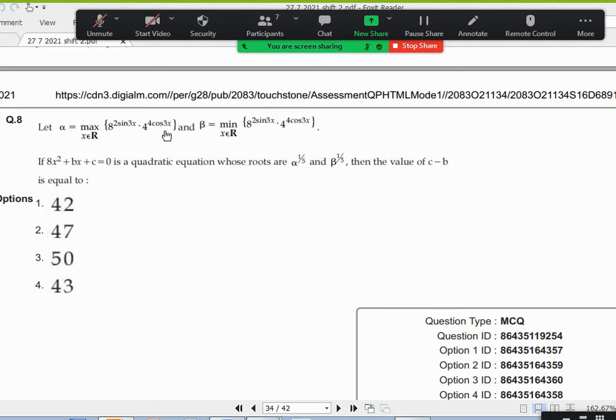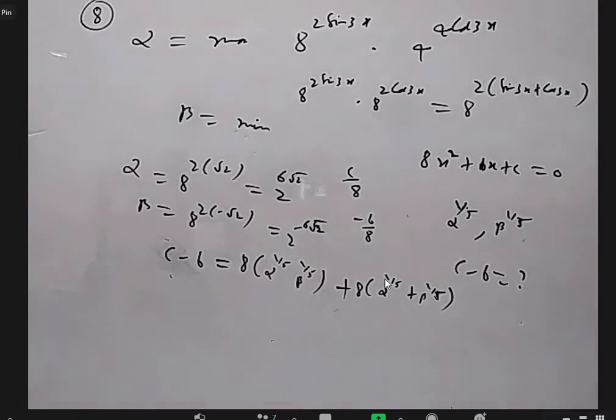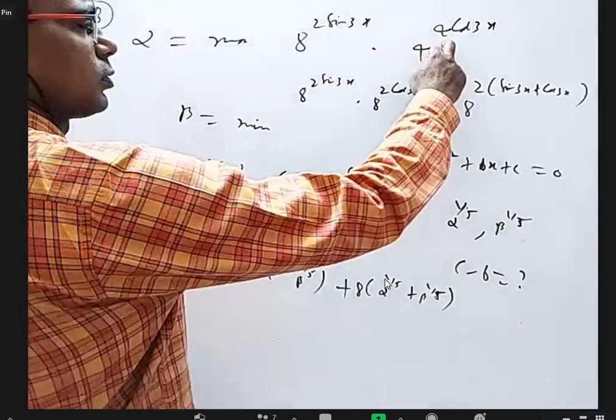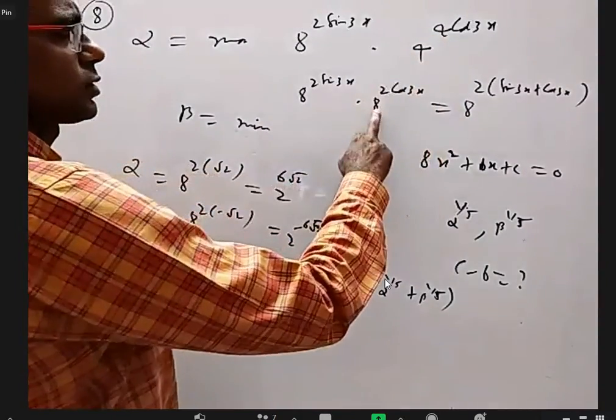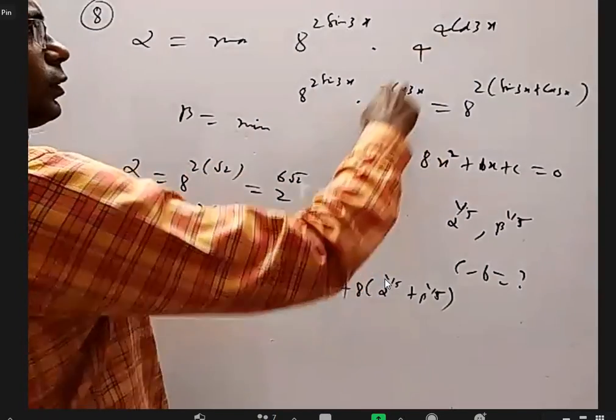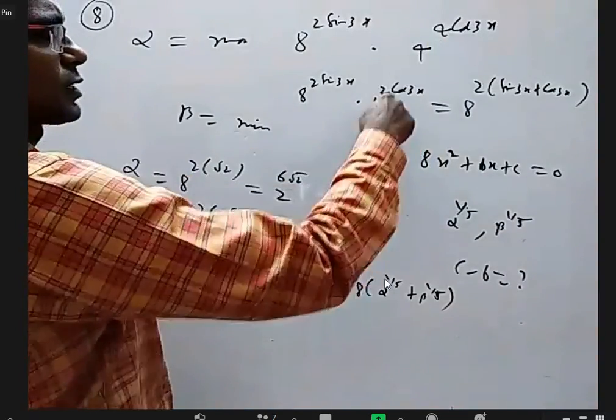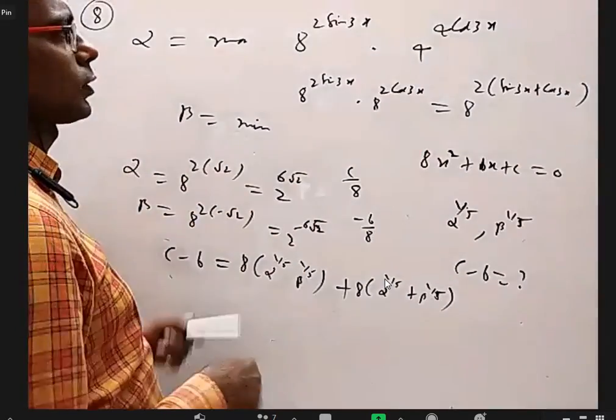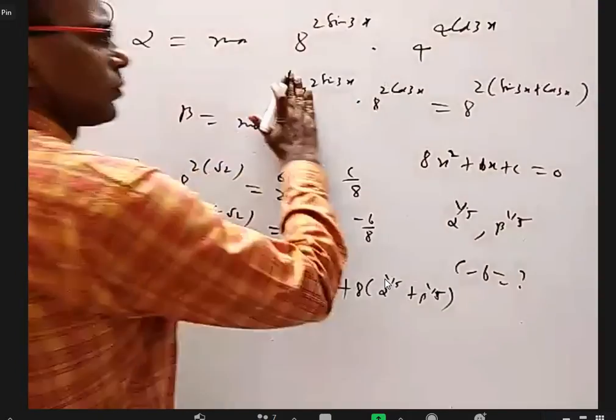First of all, I made a small mistake, sorry. When I wrote 4 power 4, 4 square is 16. From here to here is wrong. So 4 power 4 and the 8 square are not the same. So I have to make the base same, that is better.